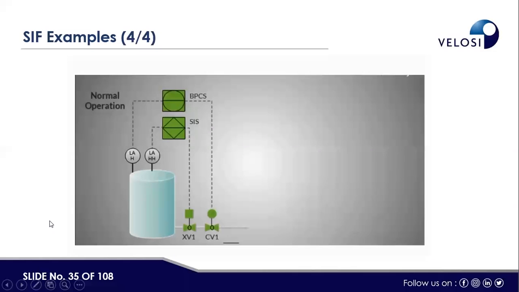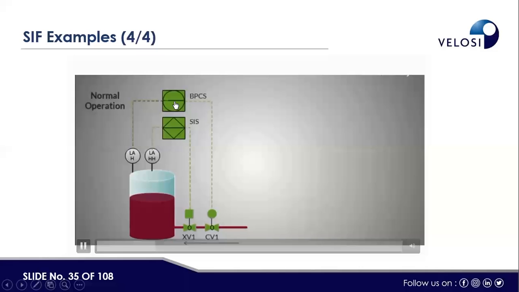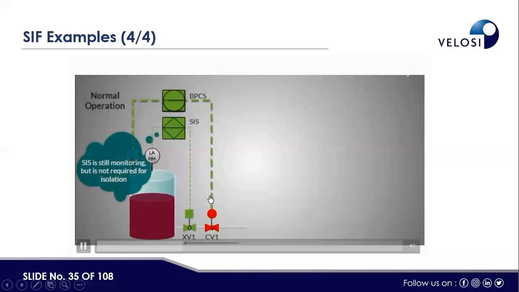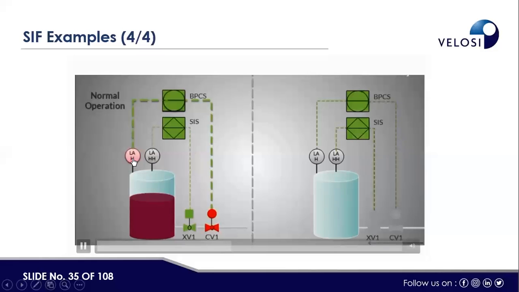This is another video which shows how the BPCS and SIF systems are differentiated. Here, this is the BPCS, and then another one is the SIS, which takes care of the level alarm high and level alarm high high.